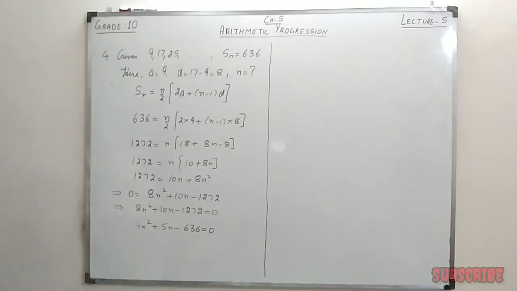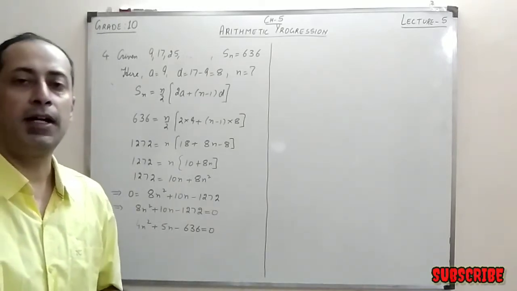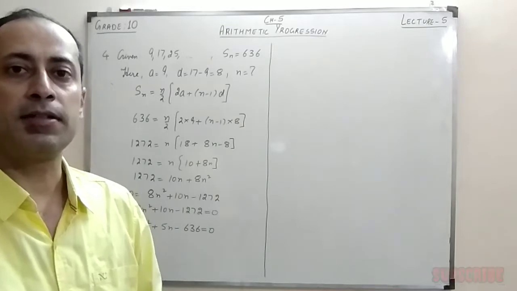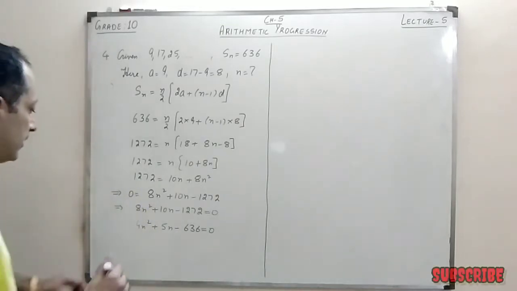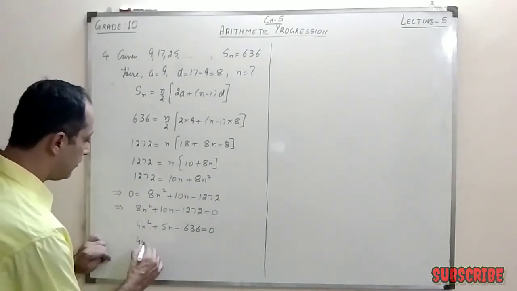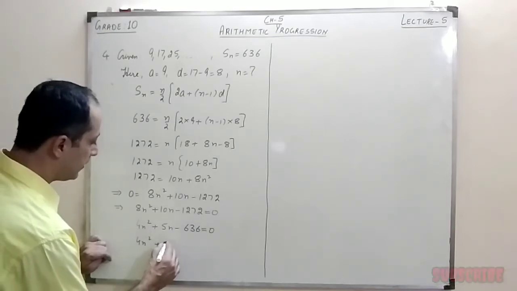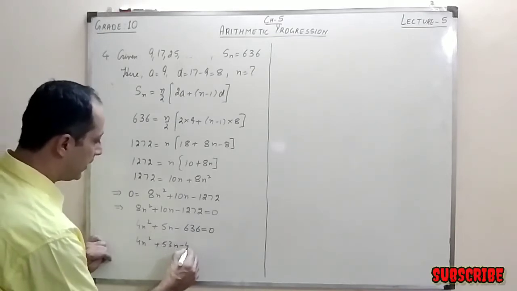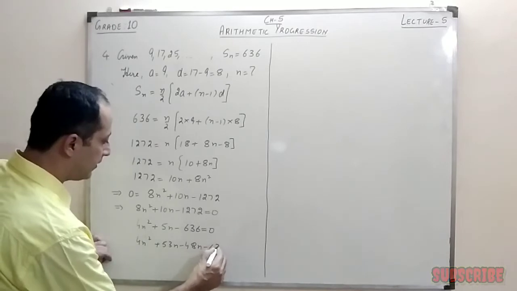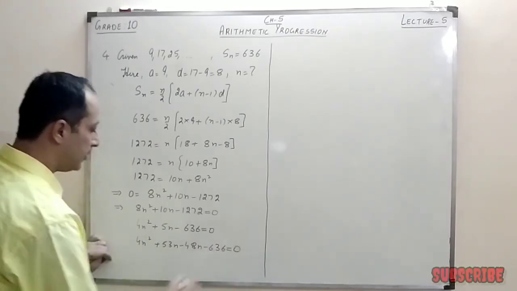Now, if you split the middle term after finding the product and the sum required, you get 4n squared plus 53n minus 48n minus 636 equals 0.